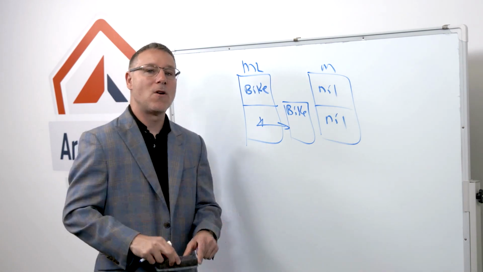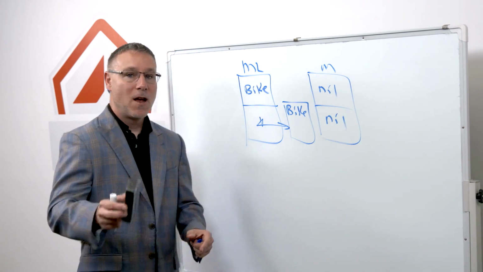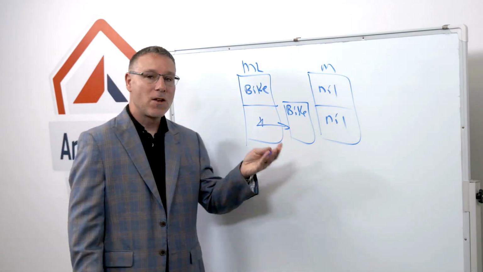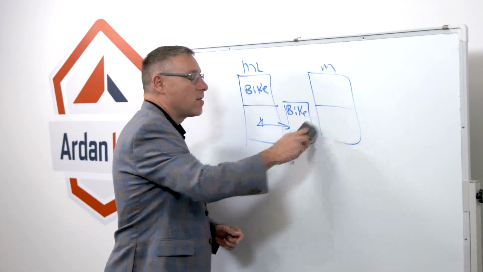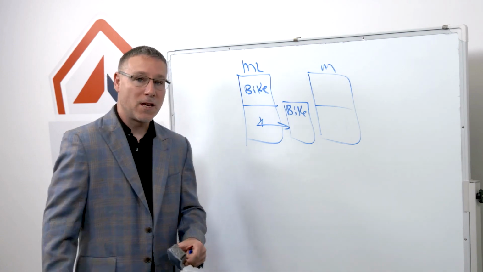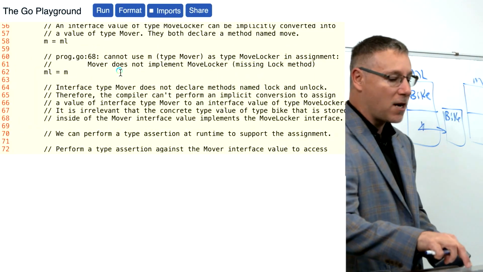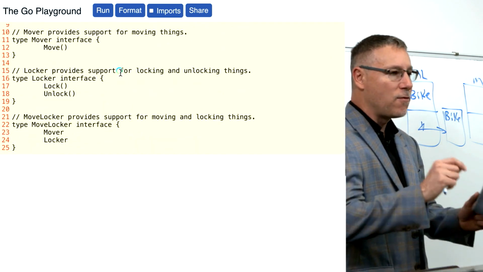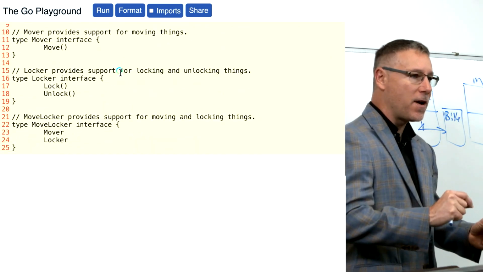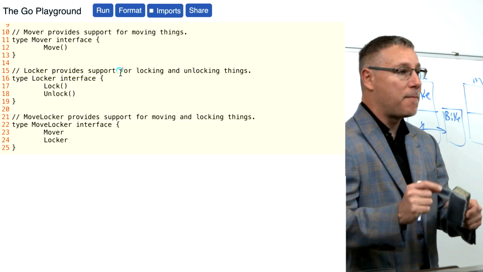And the compiler will go off and look at the type information. And we know that to be a move locker, you have to already be able to move. The type information is clear from the way that we declared it. If we go back and look at those declarations, you'll see again that we've got the mover interface, we've got the locker interface, and then the move locker is the composition, right?